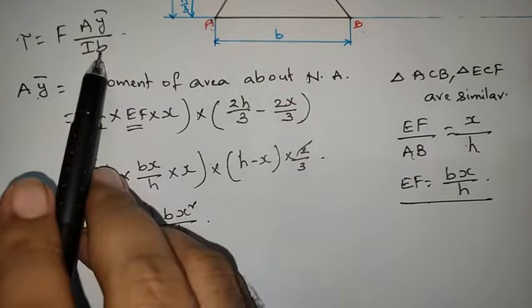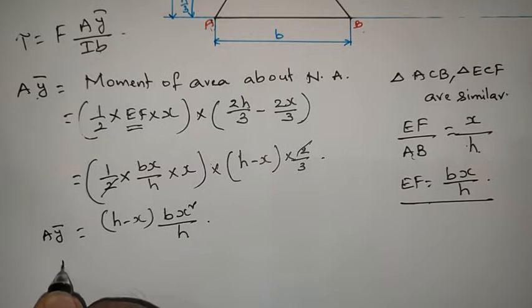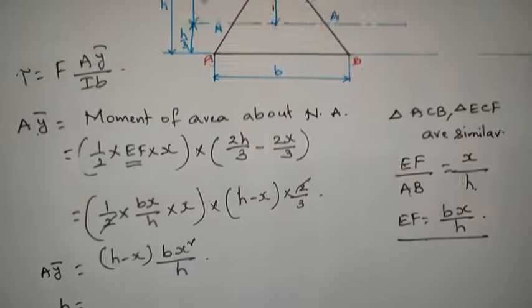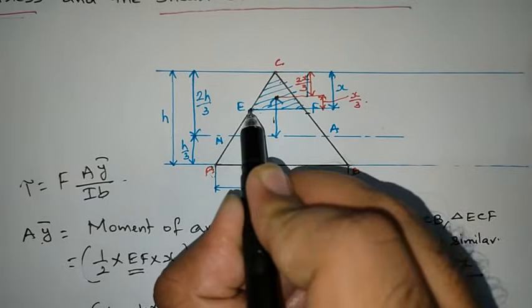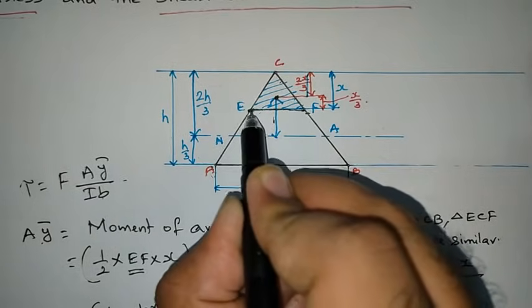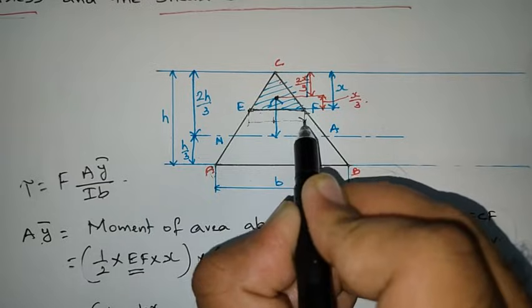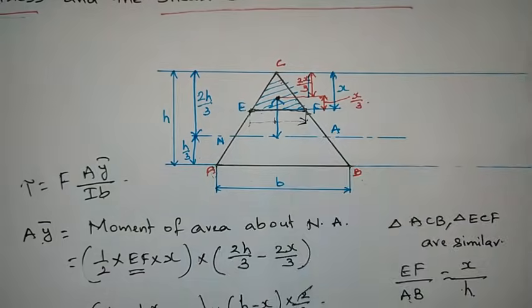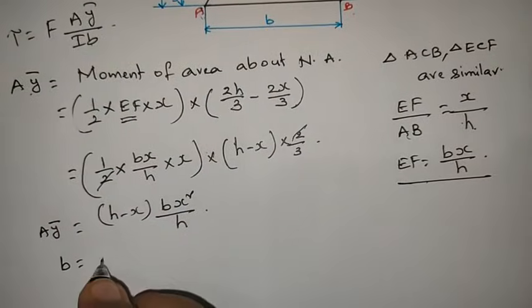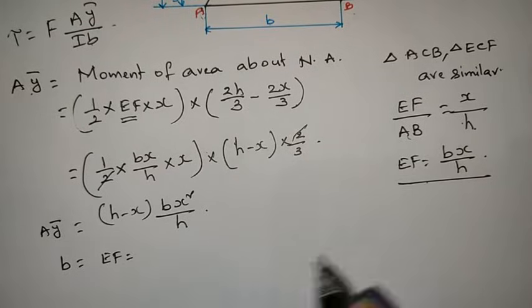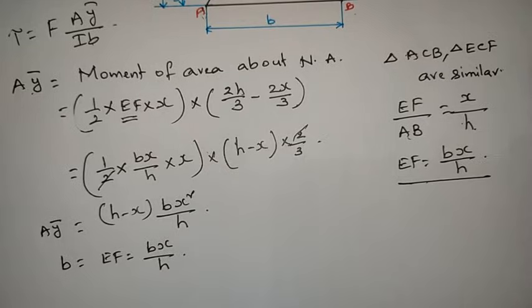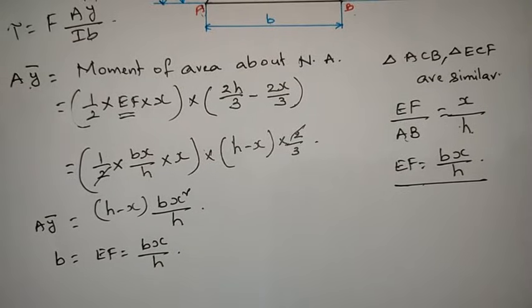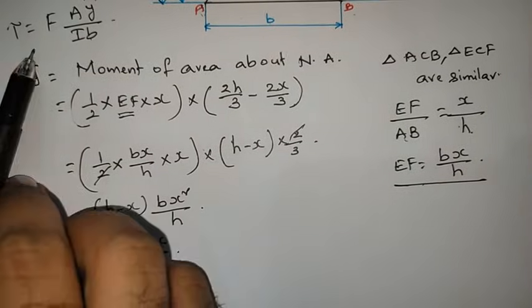And next I require b. So what is b value? Width at EF. సో EF దగ్గర ఎంత విడ్త్ ఉంది, ఈ వాల్యూ నాకు కావాలి. That is length of EF. సో b మీన్స్ length of EF. సో వాట్ ఈస్ EF? We got bx by h. Okay, so now substitute all values there to get the tau.